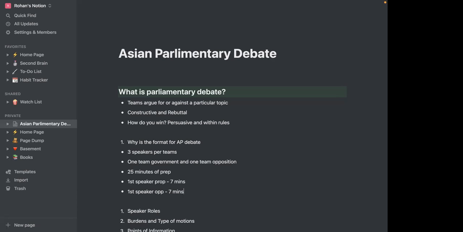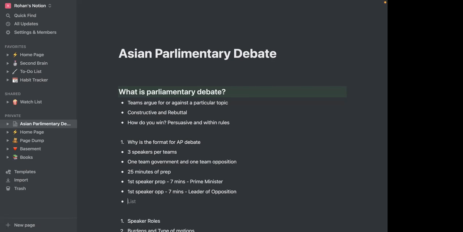So a first speaker of opposition will provide their own constructives, but they will also provide some rebuttal to the first speaker of proposition. And that's what they will do within the 7 minutes. I'm also going to use some words over here. The first speaker of proposition is also known as the prime minister of the debate. And the first speaker of opposition is known as the leader of opposition.